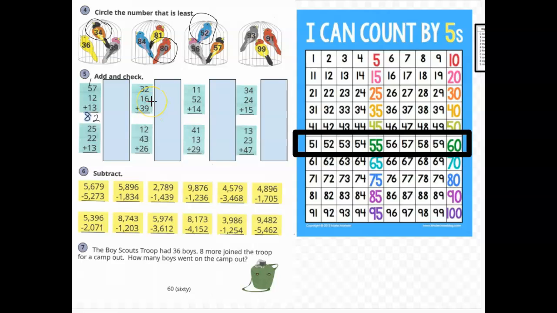Okay, so I remember I've been practicing my adding, so I know 9 plus 6 is 15, and I add 2 more, 16, 17. So I can write my 7, and I can carry my 1. And then I can look at this row and I can go, oh, I'm going to add my 3 plus 3 first. So 3 plus 3 is 6, 7, 8.